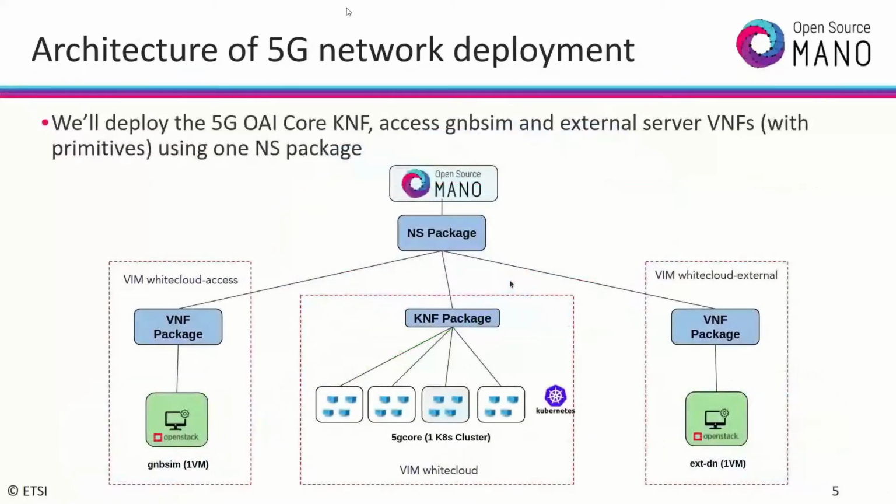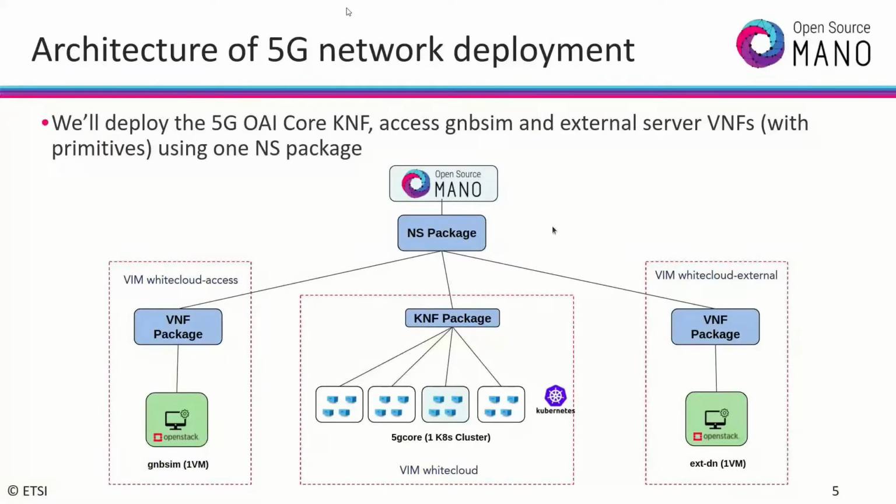So we'll deploy the 5G ONI core KNF. This will be a KNF for the 5G core. Then we're going to deploy the access gNB SIM, in this case, in one different VIM, and the external server in a different VIM.